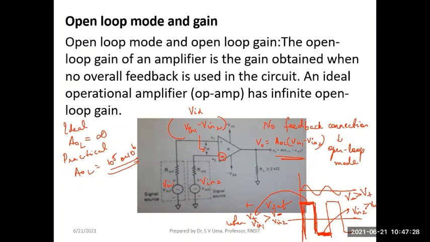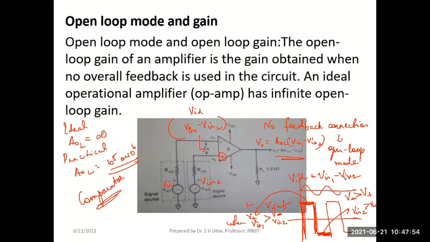So you're going to get this kind of output for small sinusoidal inputs or VID. I am taking this as VID, the differential input voltage, which is V in 1 minus V in 2. So the op-amp behaves like a comparator. What is a comparator basically?